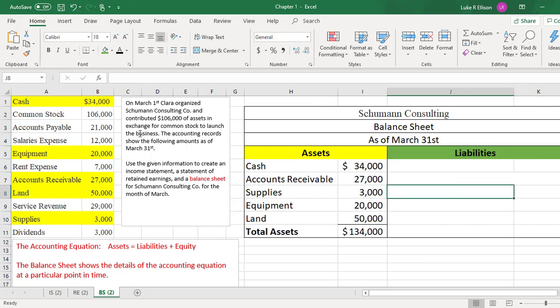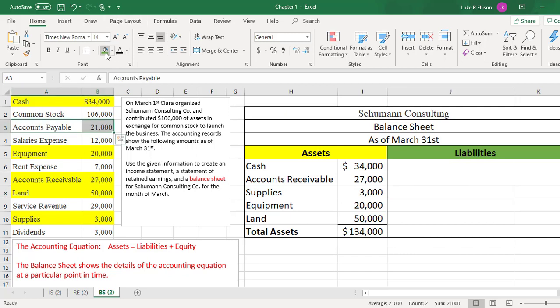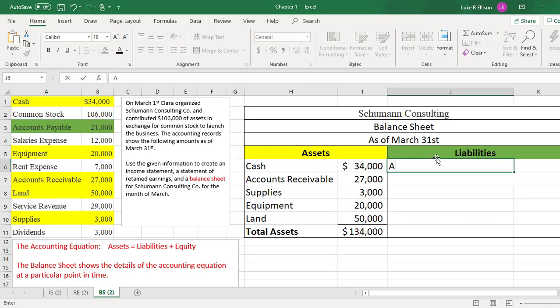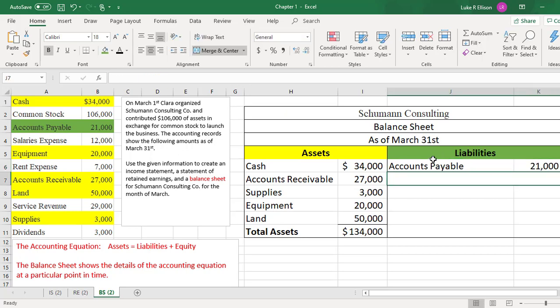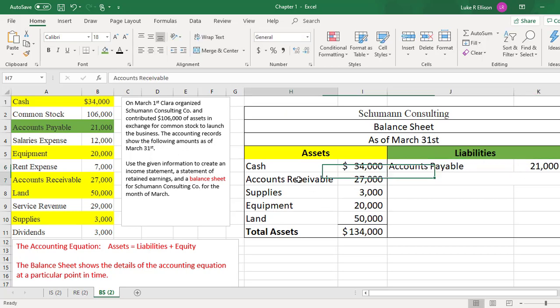And it actually turns out in this particular problem, there's only one account that's either a payable or unearned account, and that's accounts payable right here. So I'm going to highlight the accounts payable, and that's for $21,000. That's kind of the other side of the accounts receivable. So this is money that we owe other people, $21,000 worth. So that's going to be a liability for us.